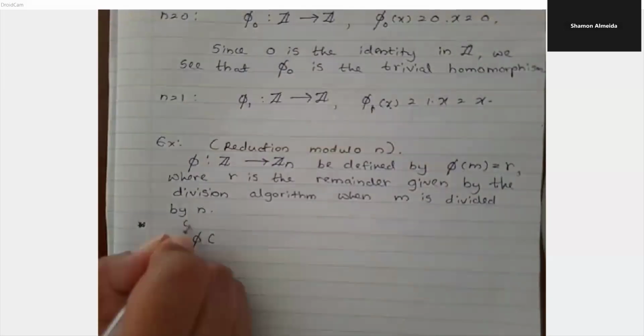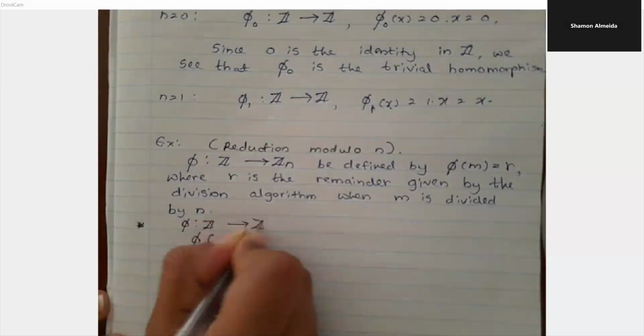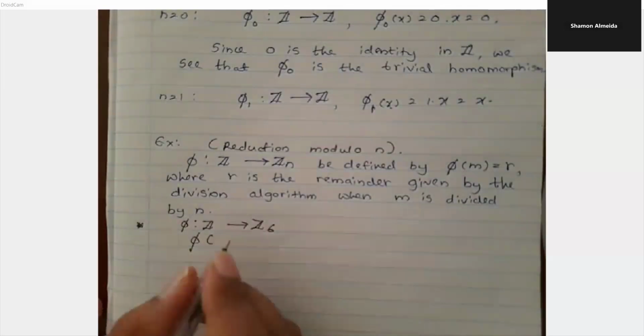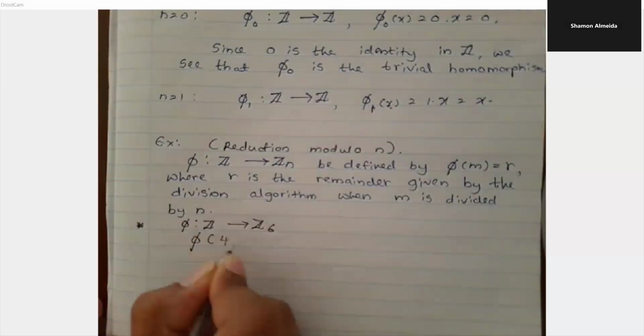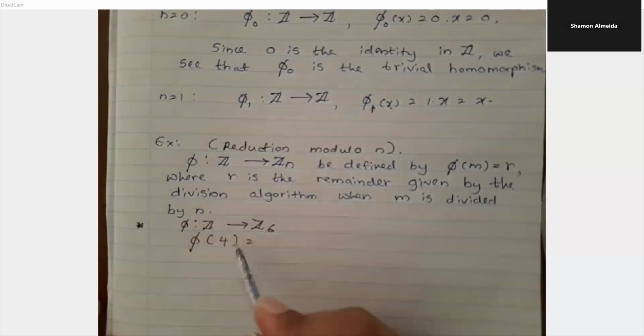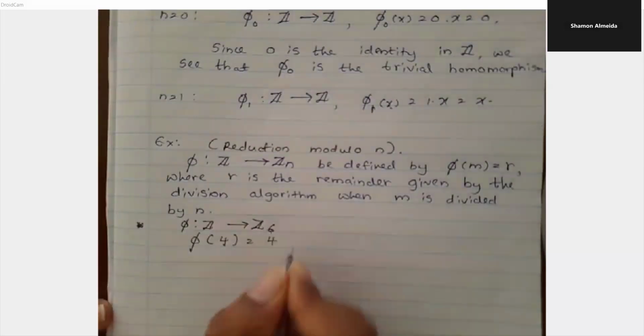Let's say we are defining phi from Z to Z6, perhaps, right? Then phi of, let's say 4 will be the remainder that you get when you divide 4 by 6. Applying the division algorithm, the remainder will simply be 4. So this will be 4.